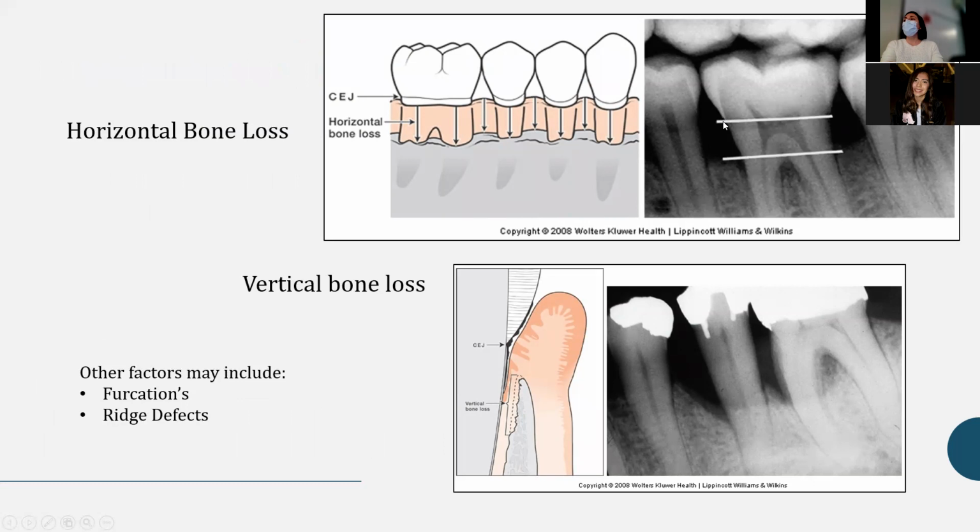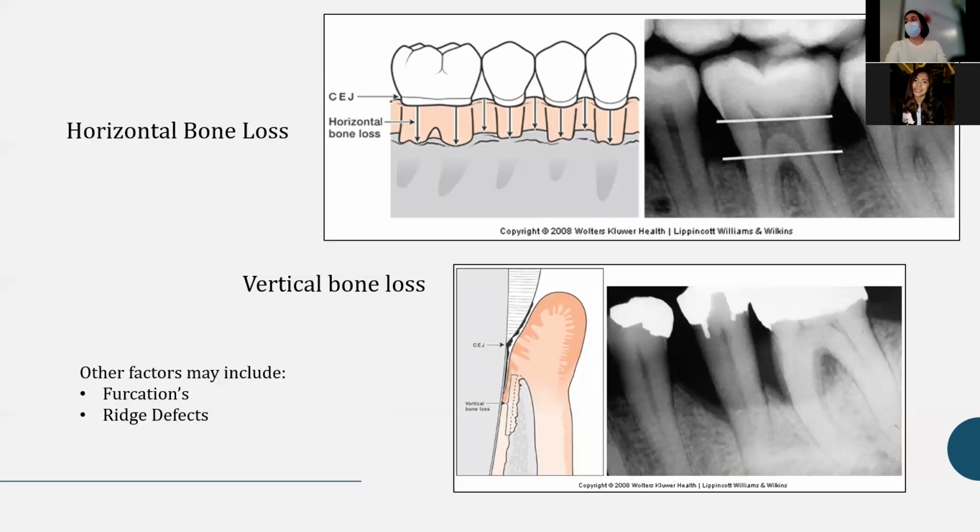If I were to draw a line from here to here, do you see how this line would be slightly slanted? So this bone level could be slightly slanted and still be considered horizontal. Does that make sense? Okay, good, because that's a weird thought. If the CEJ is a little off from one tooth to the other, the bone loss can also be slightly off and it's still considered horizontal.